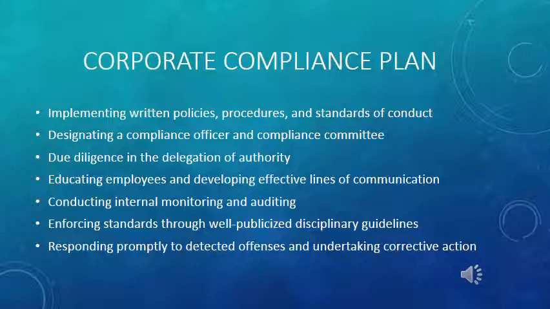The 7 fundamental elements are implementing written policies, procedures, and standards of conduct, designating a compliance officer and compliance committee to provide program oversight, using due diligence in the delegation of authority, educating employees and developing effective lines of communication, conducting internal monitoring and auditing, enforcing standards through well-publicized disciplinary guidelines, and responding promptly to detected offenses and undertaking corrective actions.